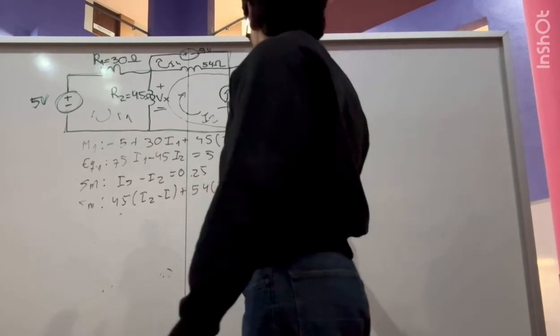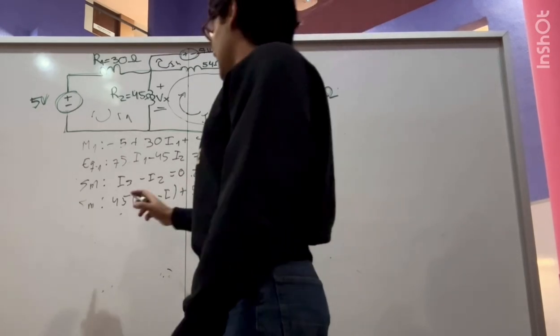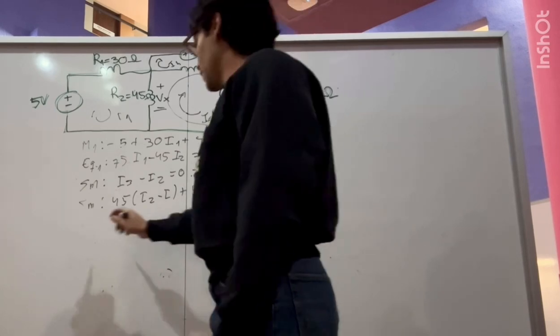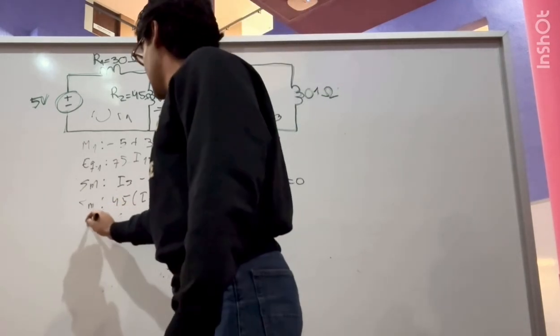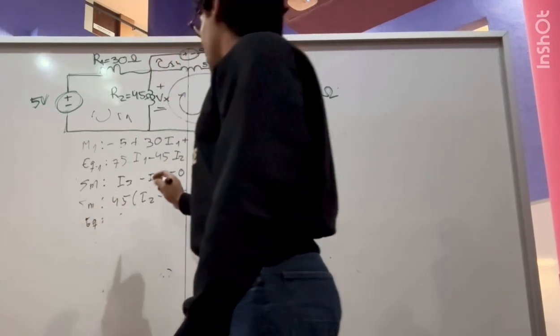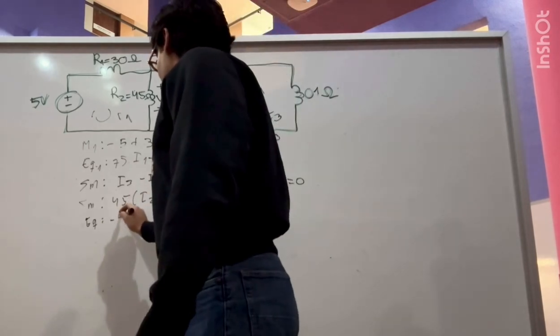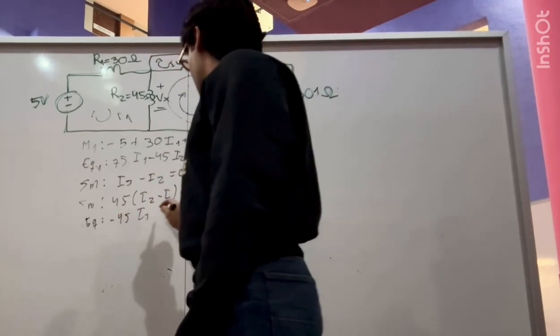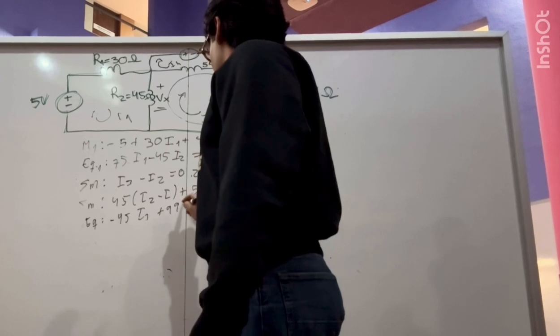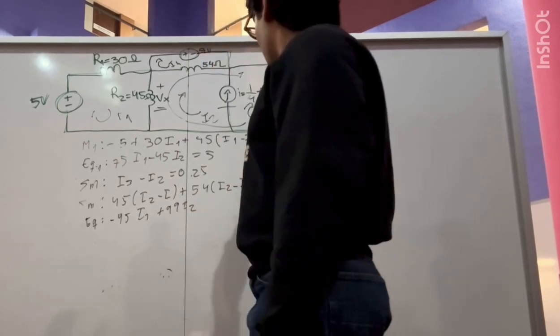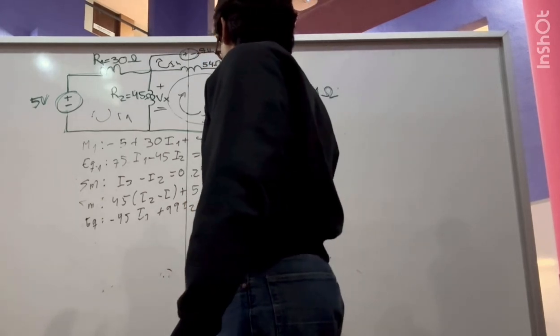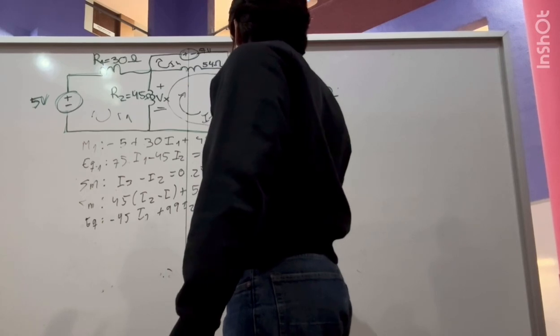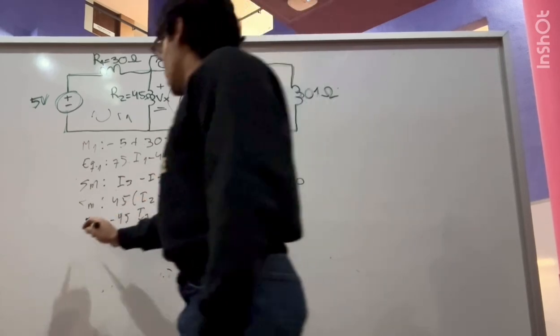And this we can equal to 0. I forgot to equal this to 0, which is then going to equal the third equation, which is going to be minus 45 I1 plus 99 I2, plus I3 minus 54 I4.